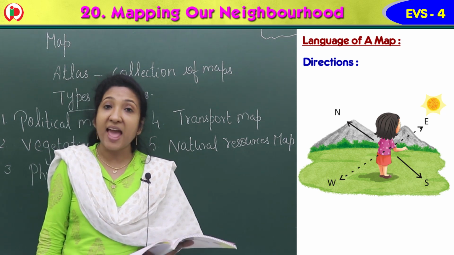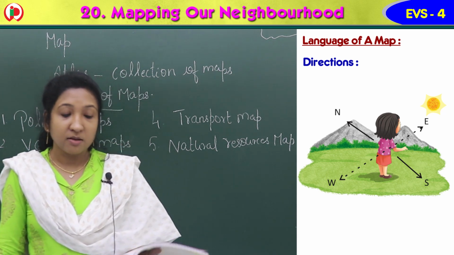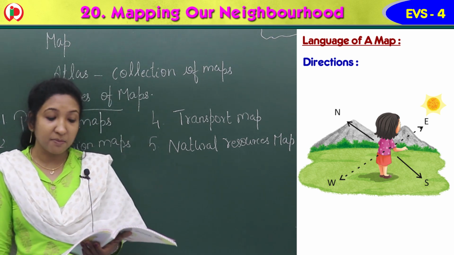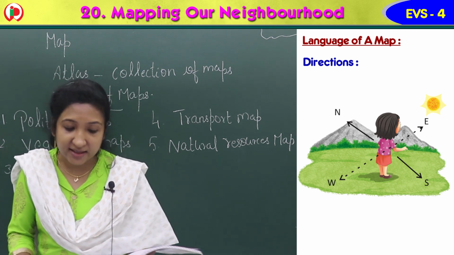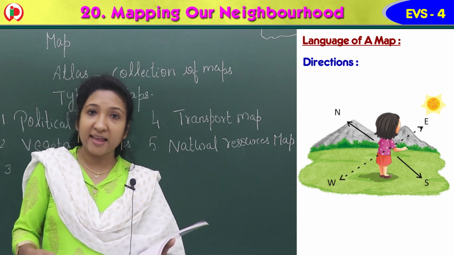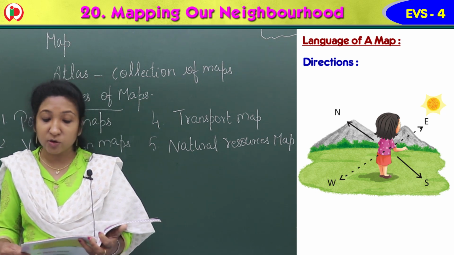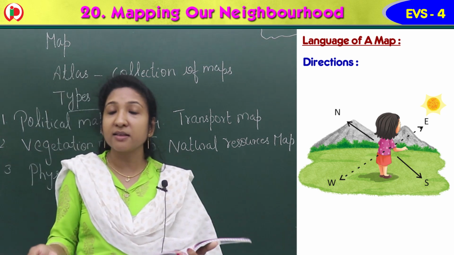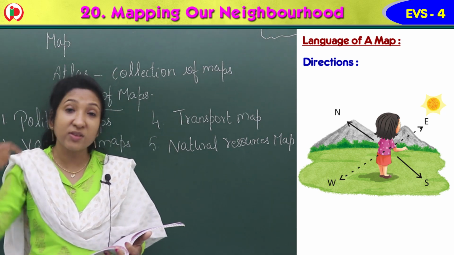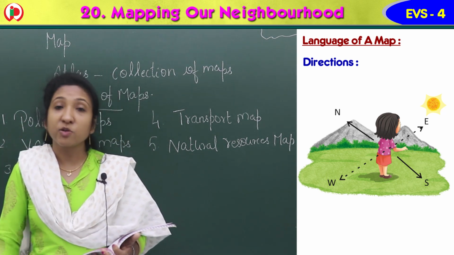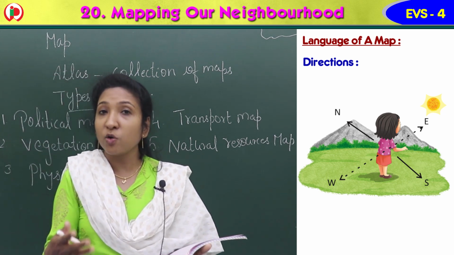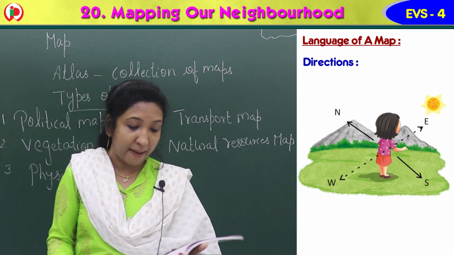Now signs and symbols. The language used in the map is directions, then signs and symbols. We use different signs and symbols in the map. They show various features like roads, railways, railway crossings, post offices, dams and buildings.